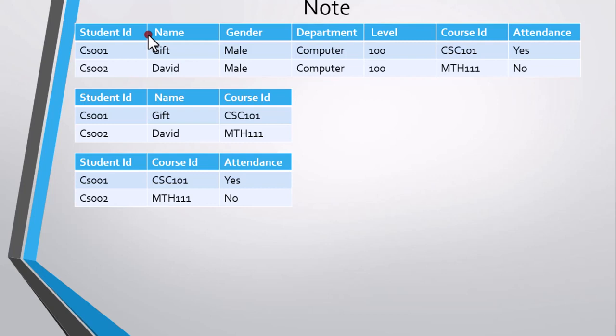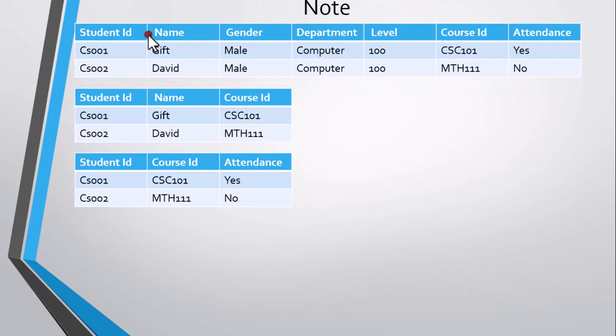Now, the table can further be broken down such that you are given just the student ID and the course ID of the student, and you are asked to define the attendance of the particular student.